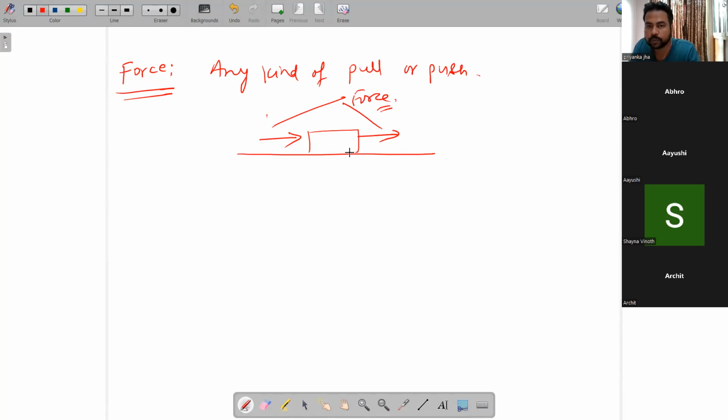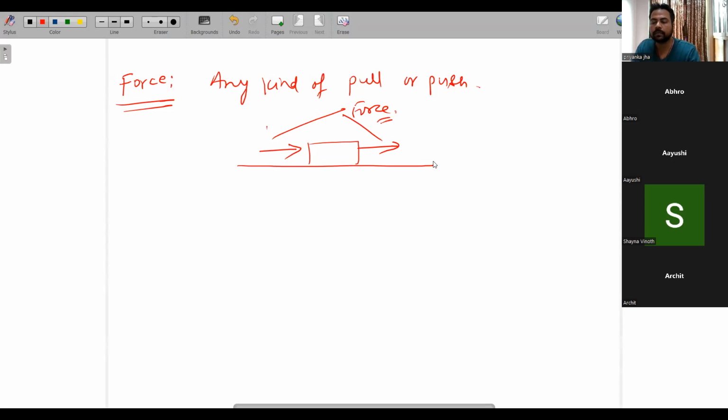So force has a tendency to change the state of motion. Means if any body is at rest, then force will try to move that body, to change the state of rest to a state of motion.